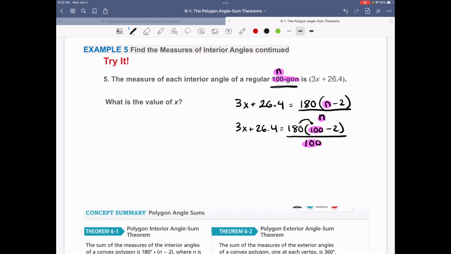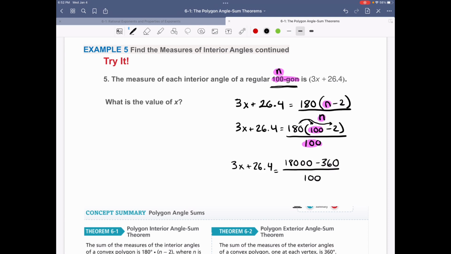I'm going to distribute here: 180 times 100, just add 2 zeros, and 180 times minus 2 is minus 360, divided by 100, and bring that down, 3x plus 26.4.